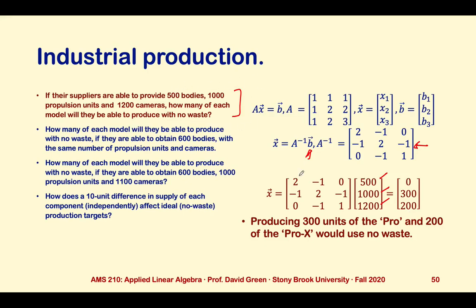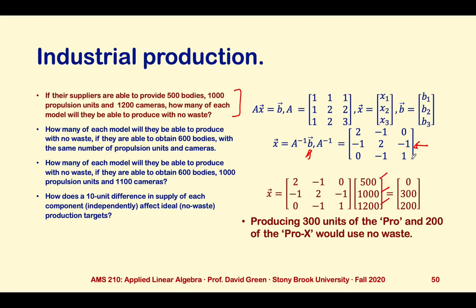This supply would allow production of 300 of the Pro units and 200 of the Pro X units with no waste, but with no production of the light version. This is probably not what they were hoping to do. It's unlikely they would have developed plans for 3 models if they don't intend to produce one of them. So this is not a good choice of supply inputs for a no-waste solution.